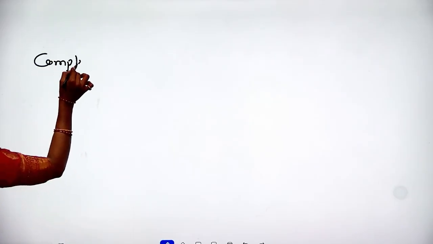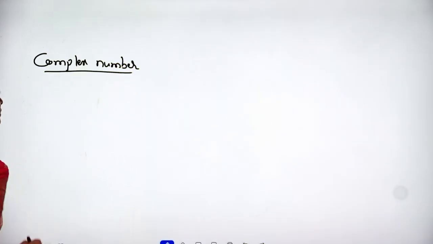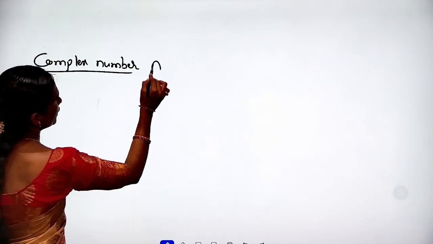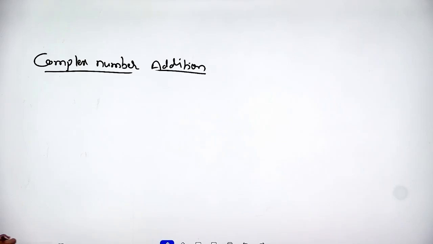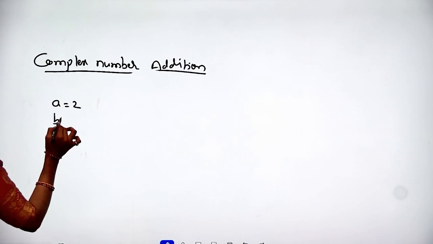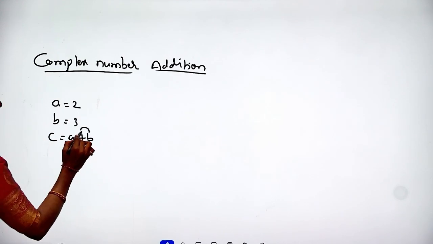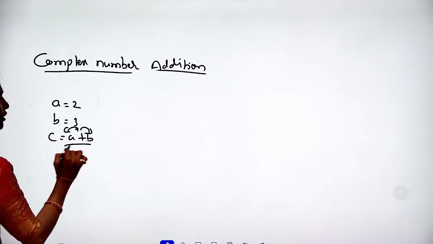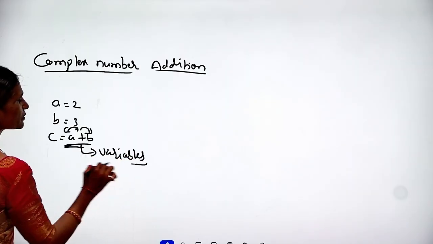For example, let's take a complex number. You can do addition or subtraction, whatever operation you want to perform. Like simple addition of two numbers: a is equal to 2, b is equal to 3, so c is equal to a plus b. This is applied on variables.